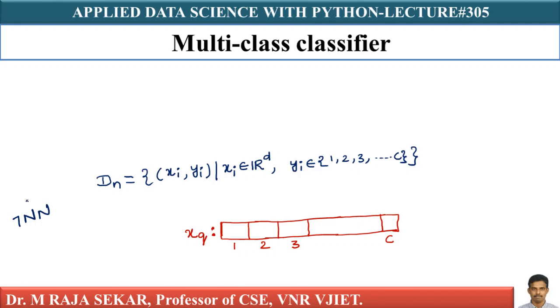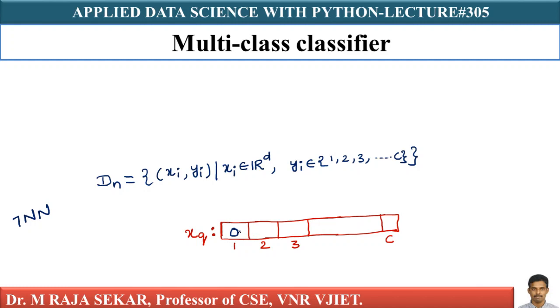I ask myself, for xq, how many points among the 7 nearest neighbors belong to class 1? Let's assume none of the points belongs to class 1. Then in the place of class 1, I can keep 0.